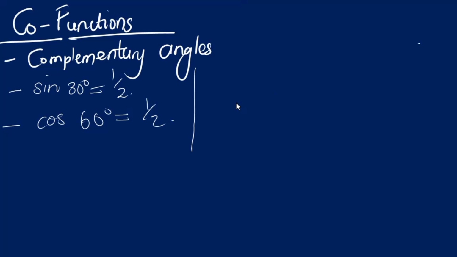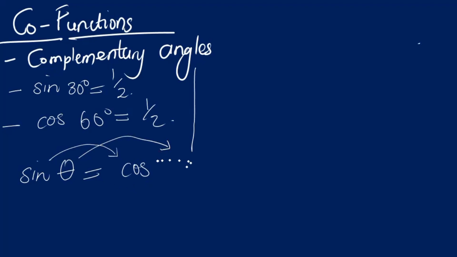So now let's come up with the rule. Whenever I have the sine of theta, the complement of sine will be a cosine, and the complement of theta is any number that I need to move from theta to 90 degrees. So I'm going to say 90 minus theta.